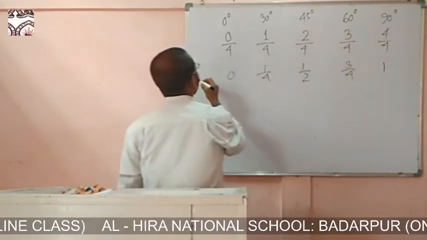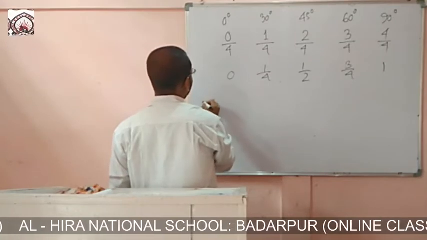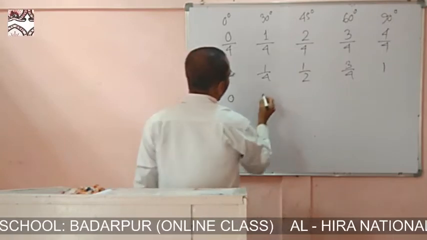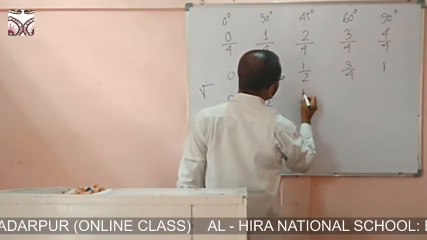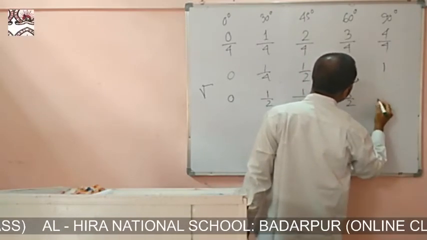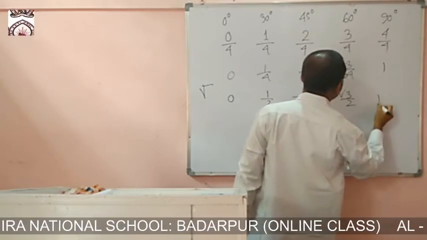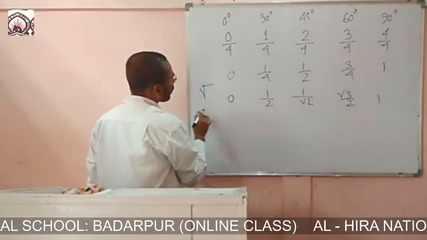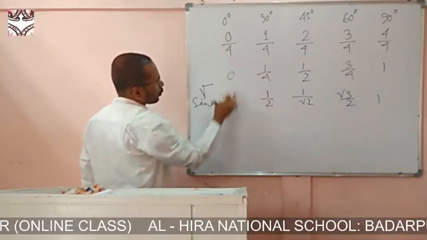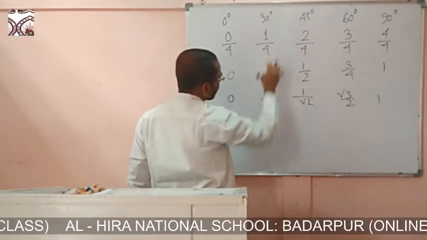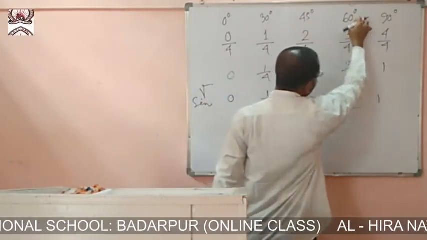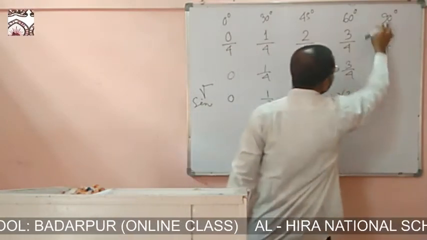So by dividing by 4, and now if we take square root, the square root of 0 is 0, 1 by 4 is half, this will be 1 by root 2, and this one will be root 3 by 2, and this one will be 1. Now this will be the value of sine. So sine 0 degree is 0, sine 30 degree is half, sine 45 degree is 1 by root 2, sine 60 degree is root 3 by 2, sine 90 is 1.